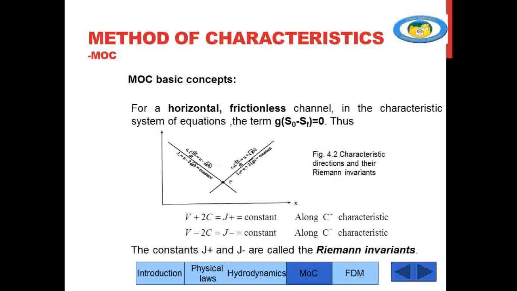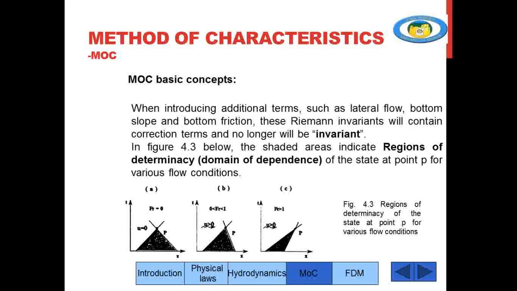Now, as you have seen earlier, in case of still water, the characteristics directions at a given intersection point, from both downstream and upstream, the value of C is going to be constant.